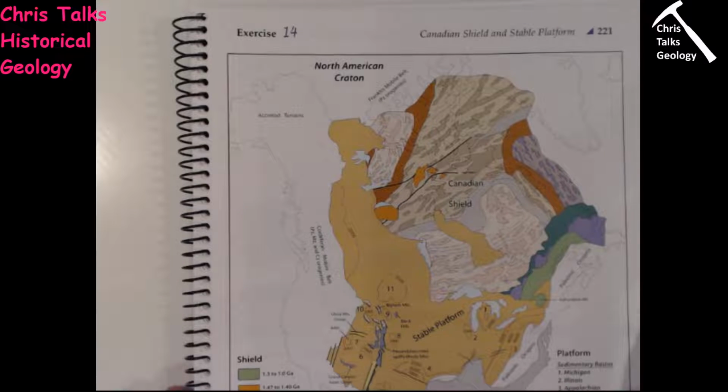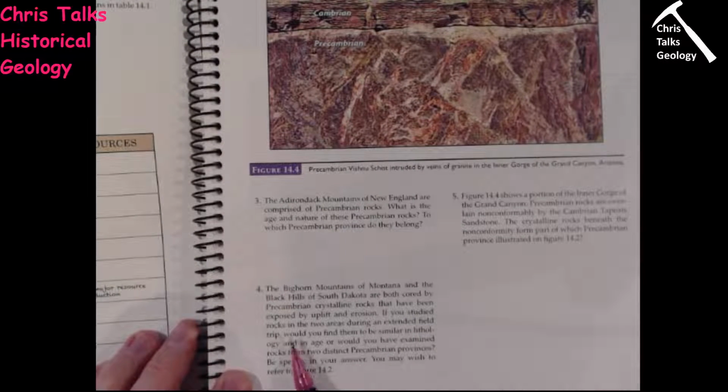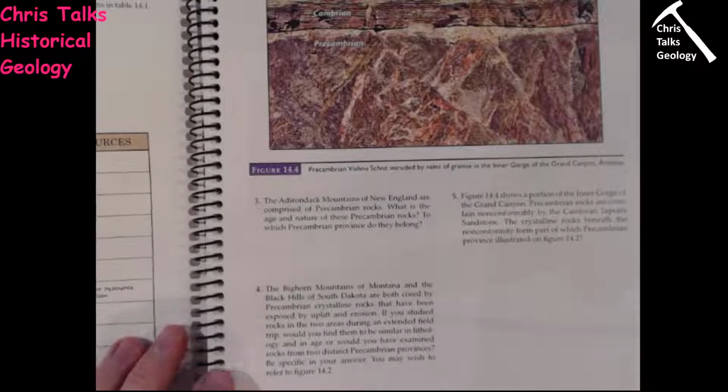They're actually pretty close to each other, not very far apart. If you studied rocks in the two areas during an extended field trip, would you find them to be similar in lithology and in age, or would you have examined rocks from two distinct Precambrian provinces? Be specific in your answer. You may wish to refer to figure 14.2.